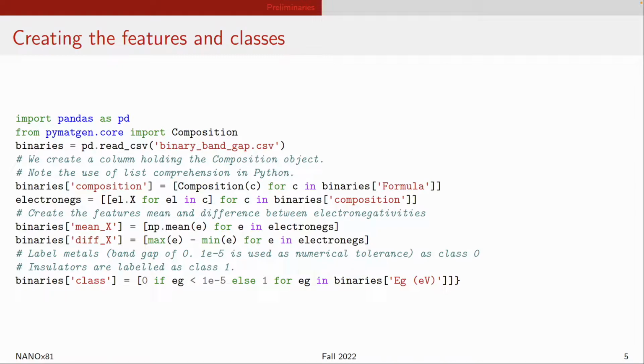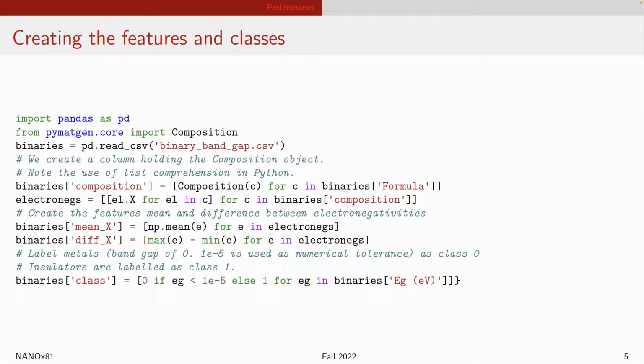And then I can calculate the mean using the NumPy function mean, or I can take the difference by taking the max of the electronegativity minus the minimum of the electronegativity, and that gives me my difference, okay?